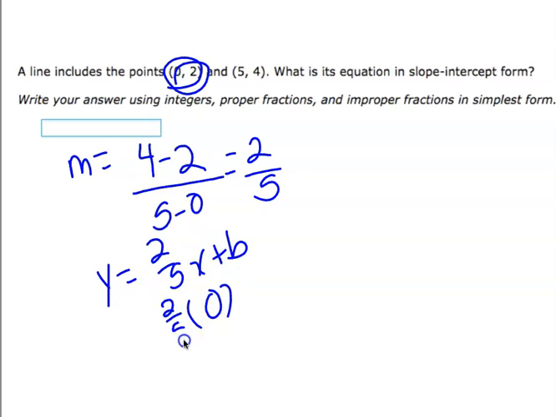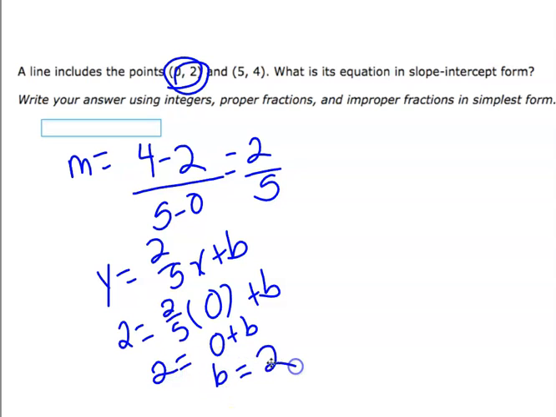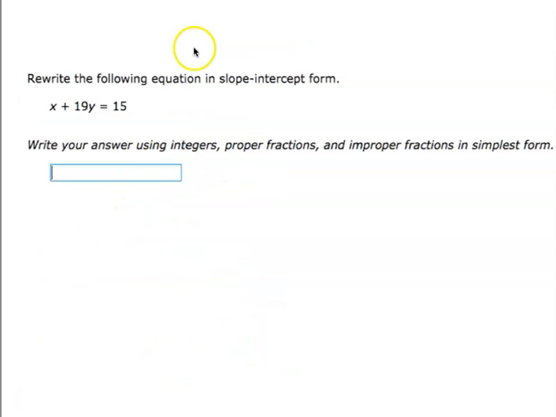Y11 is writing it in standard form. So you want it to be ax plus by. So now you're given standard form and you want to write it in slope-intercept form, y equals mx plus b. So you are solving for y. So I have x plus 19y equals 15. I subtract x from both sides and I get 19y equals -x plus 15.